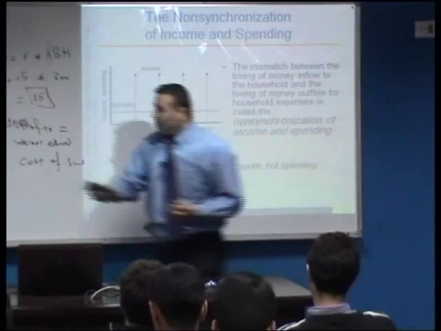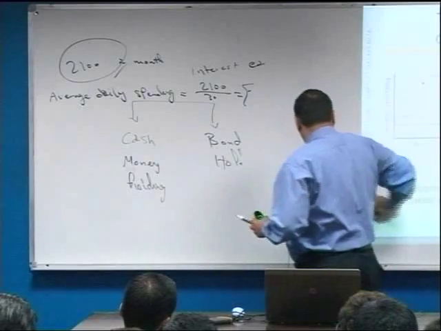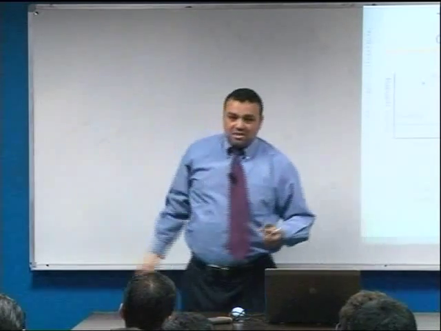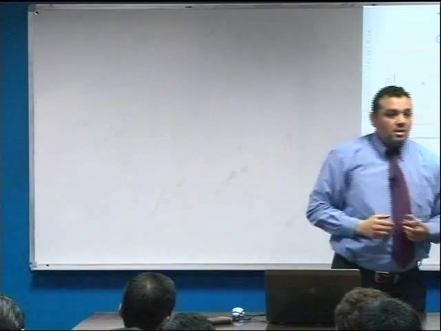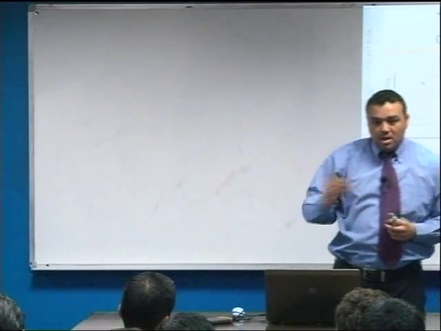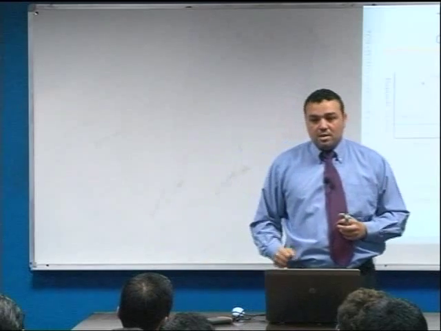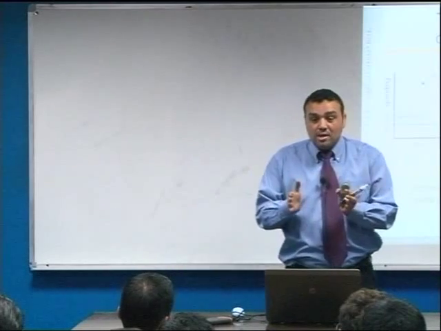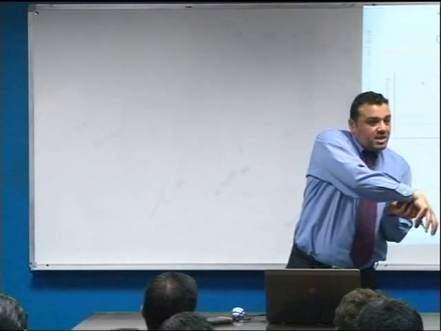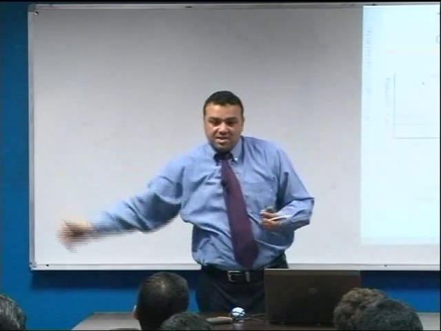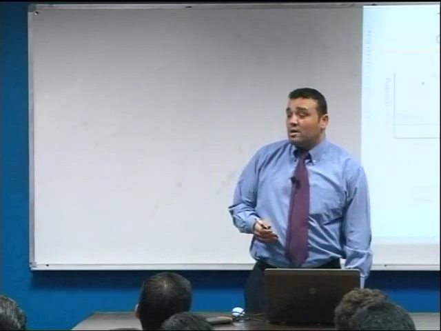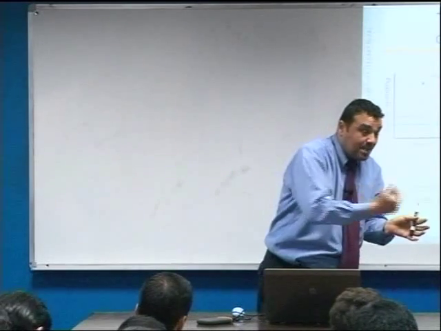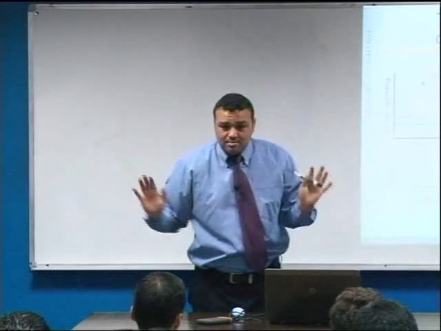So, according to our assumption, you receive your income once a month and you spend this income during the month, so there is no synchronization. ما فيش تزامن between the time that you receive your income and the outflows of this income. يعني ما فيش تزامن ما بين الوقت اللي استلمت فيه الدخل وبين الإنفاق.